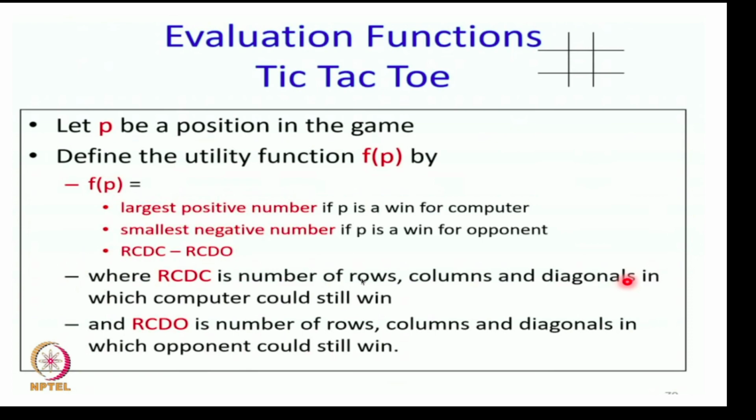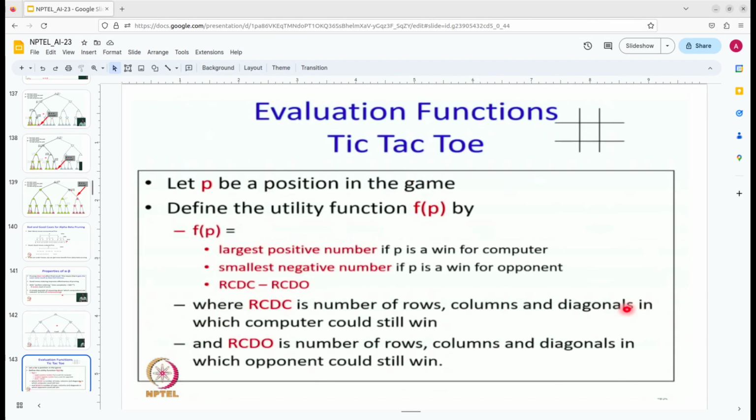So for the tic-tac-toe game, the utility function is given a state, given a board situation, crosses and zeros, what is more likely to win, by, let's say, cross. If we are talking about the utility function of cross, how will you measure? As a human, given the position, do you think cross will win or zero will win? How do you decide that?